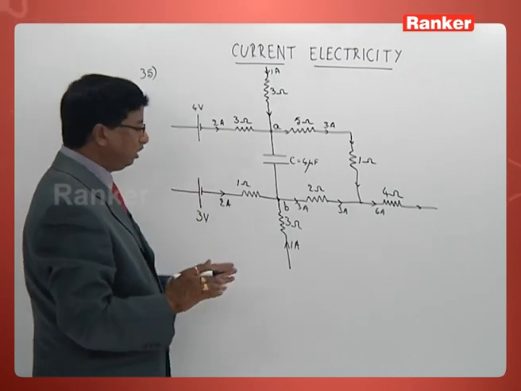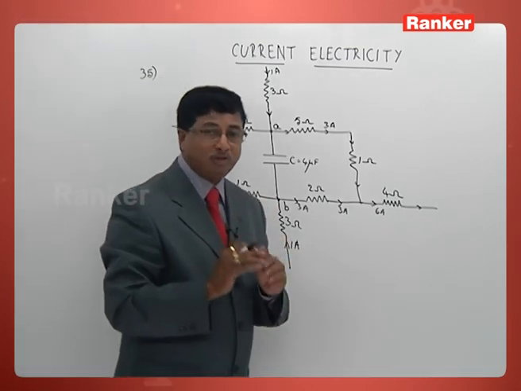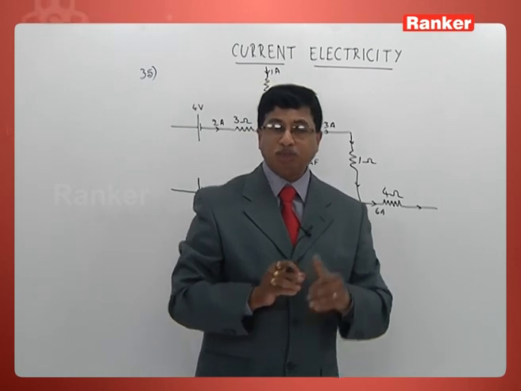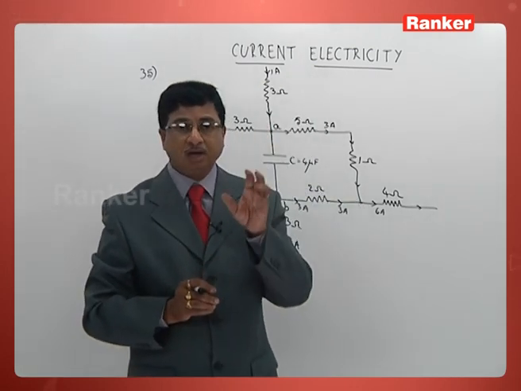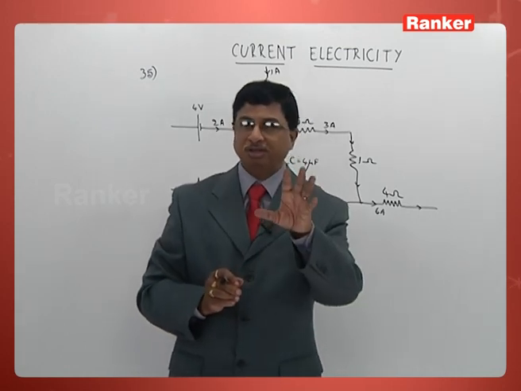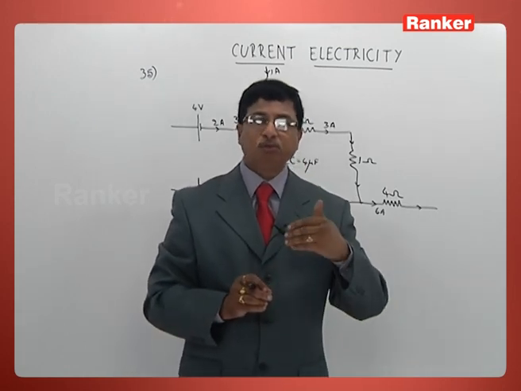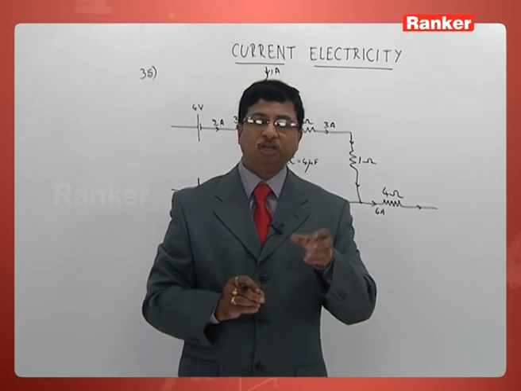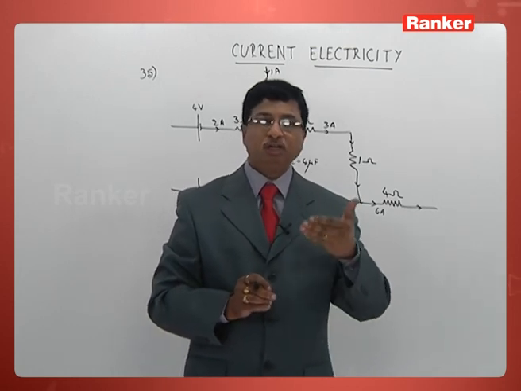In fact, it is not a single or a closed network. You should understand, it is a part of a major circuit. A small portion has been mentioned for us to calculate the energy that is stored in the capacitor.